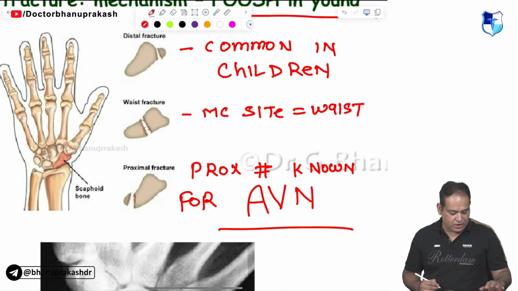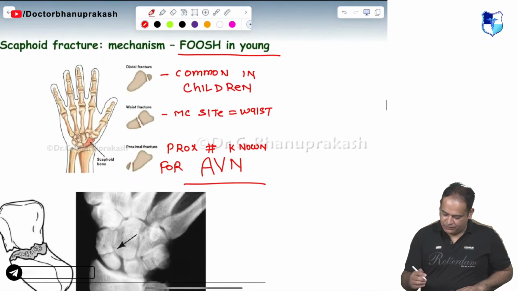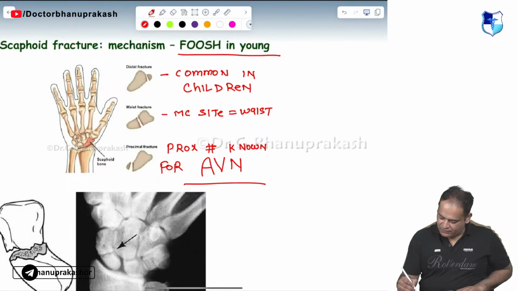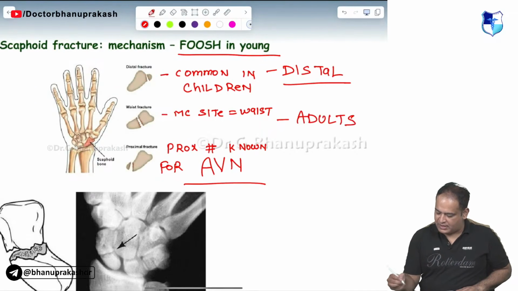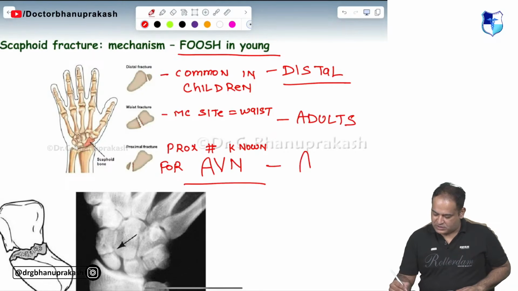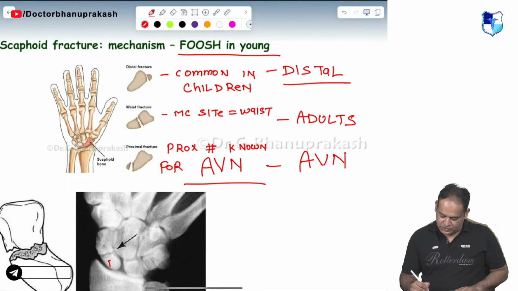So, three kinds of fractures. Distal fracture is the most common site in children. Waist is the most common site in adults, and proximal site is known for developing avascular necrosis.